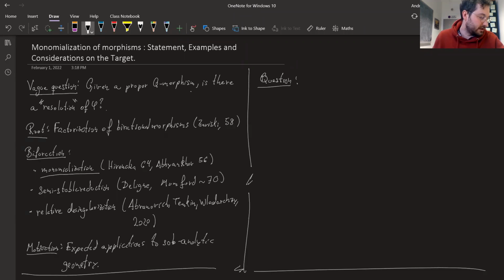And so the question, in a more precise way, can then be formulated as: let phi be a proper Q morphism.